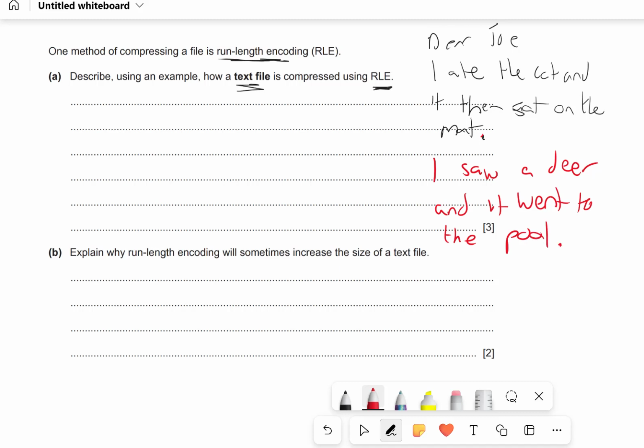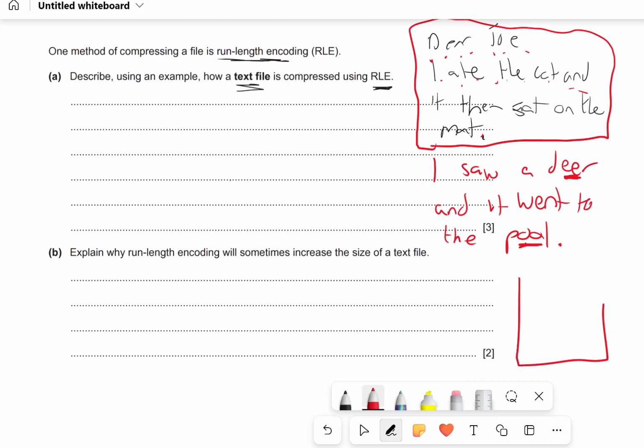Run-length encoding looks for consecutive sequences of characters when it comes to text. So in this first part, there's nothing which is repeated in terms of characters. Each is a different letter. So you can't really compress this using run-length encoding. But the second part of the letter, we've got this. We've also got this. We've got two E's, we've got two O's.